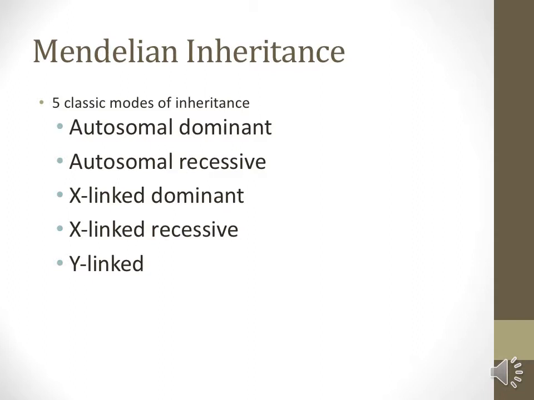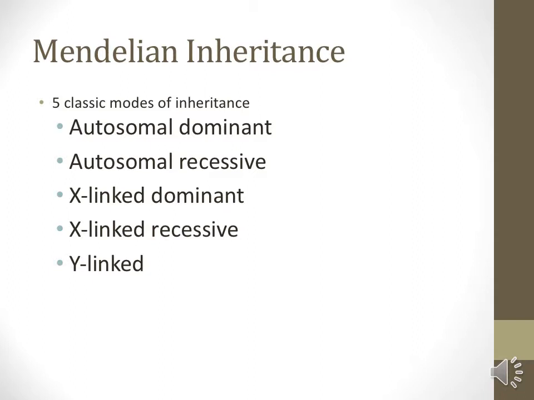So some examples of autosomal dominant diseases would be things like Huntington's disease, which is the degeneration of certain nerve cells in the brain resulting in dementia. Familial hypercholesterolemia, in which individuals have defective LDL receptors being synthesized in the liver and ultimately end up with very high LDL cholesterol.